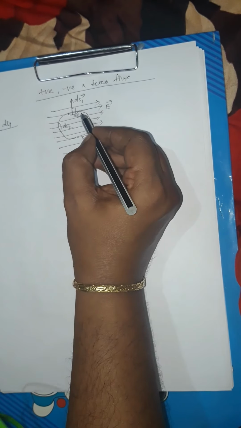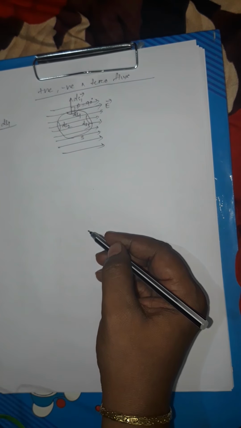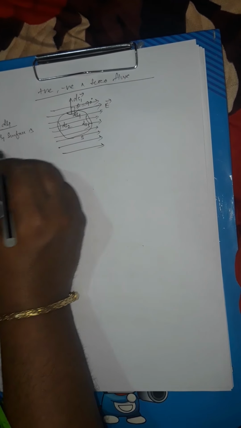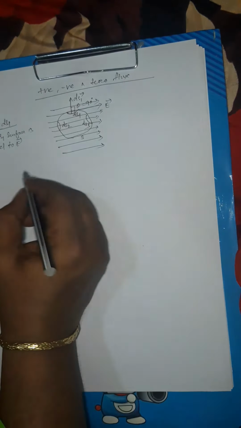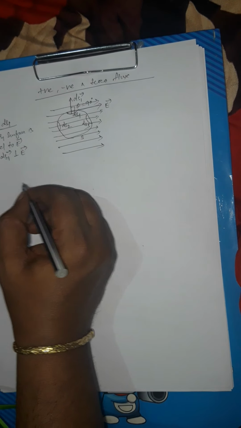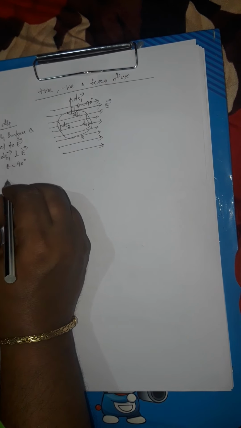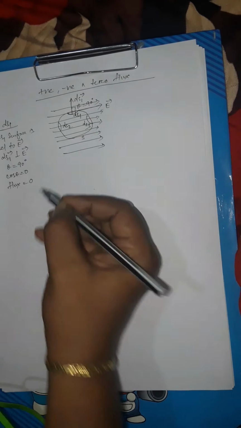So theta is equal to 90 degrees. The ds1 surface is parallel to the electric field, but the ds1 vector is perpendicular to the electric field. So here theta is equal to 90 degrees, so cos theta is equal to 0, and so the flux will be 0.